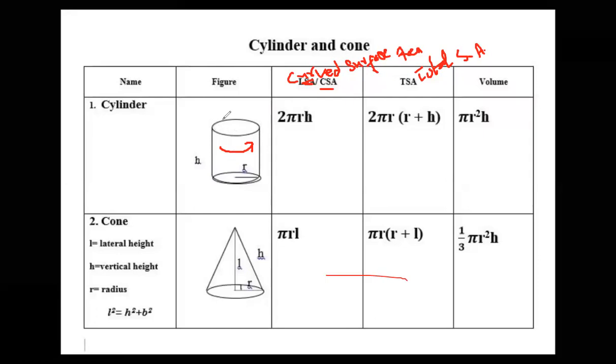The circular part is called the curve. So what is the area of this curved part, from this part to this part? That is called the curved surface area.